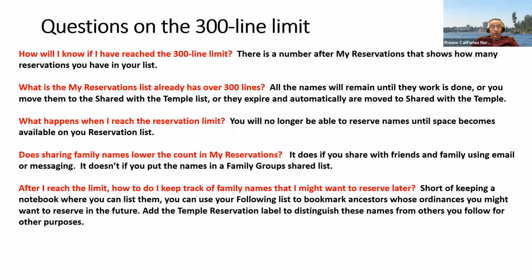And then under following, you can set a label that says add the temple reservation or something like that on it. And then you can go to that list and find all the people you're following that say reserve this person and go reserve them. So there is that system that you can use.